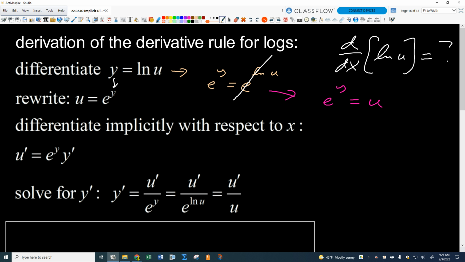Well, what's the disguised base of a natural log function, right? We know that when we say natural log, that's really a base e log, right? We just are lazy and don't write it. Okay, but everybody agree that natural log of u is the same thing as the base e log of u, right? Is that making sense?